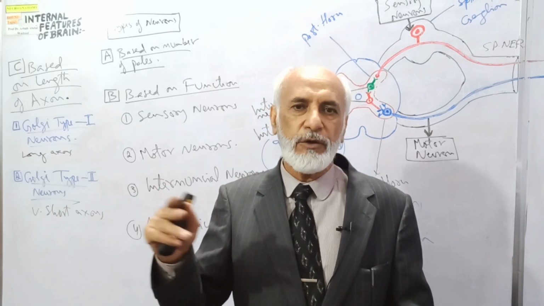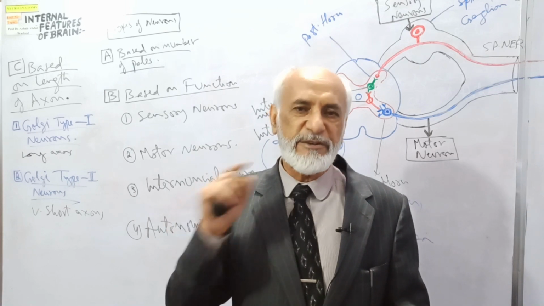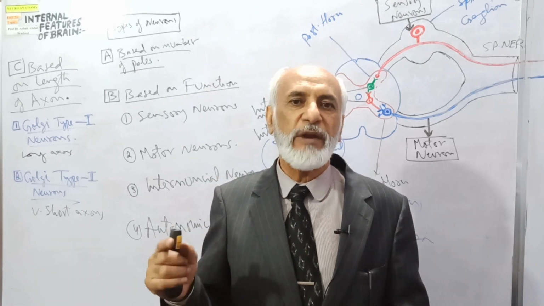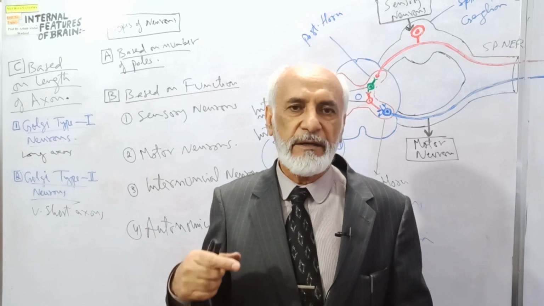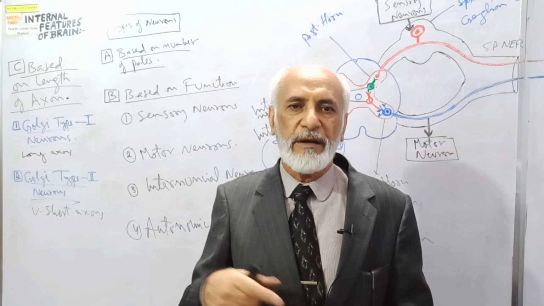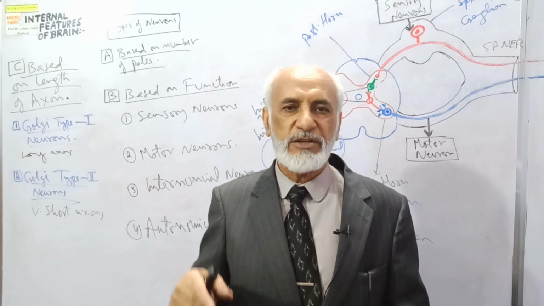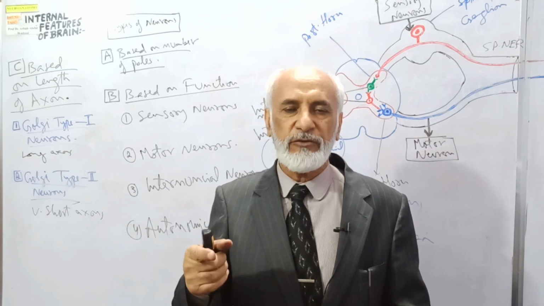While the Golgi type 2 neurons have very short axons, they are limited to the gray matter. Their axons do not leave the gray matter and do not run in the white matter and outside the brain. So these were types of neurons based on pools, based on function, based on length of the axon, etc.